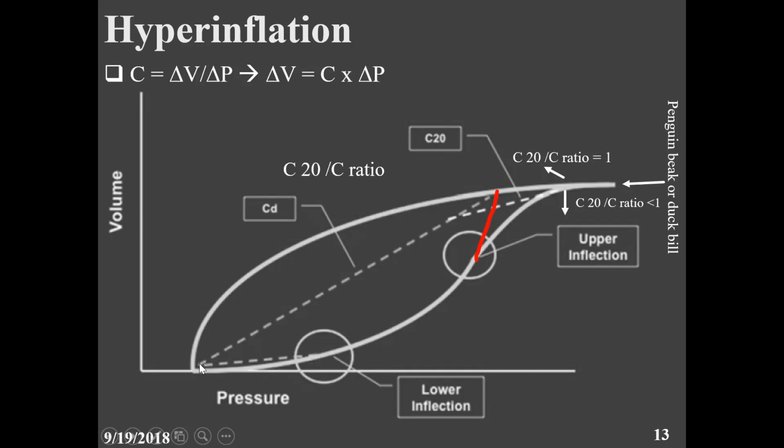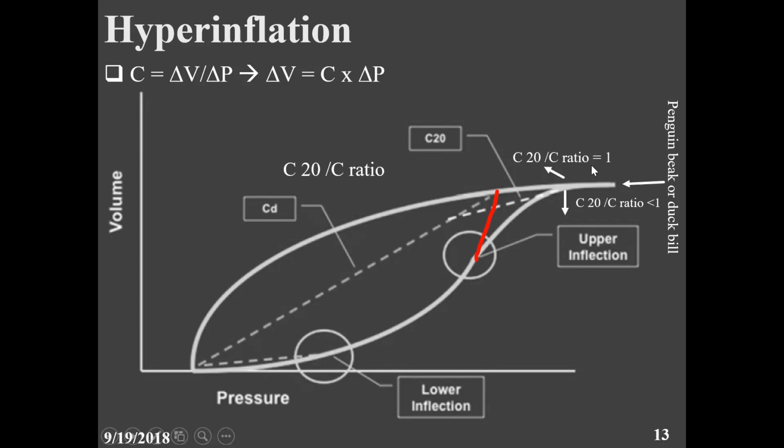Now, if we make a line from this till the opening, and then we make another line from the end to the C dynamic, parallel to this line, we get another line, and this line is called C20. The C20 is the remaining 20% of the lung.